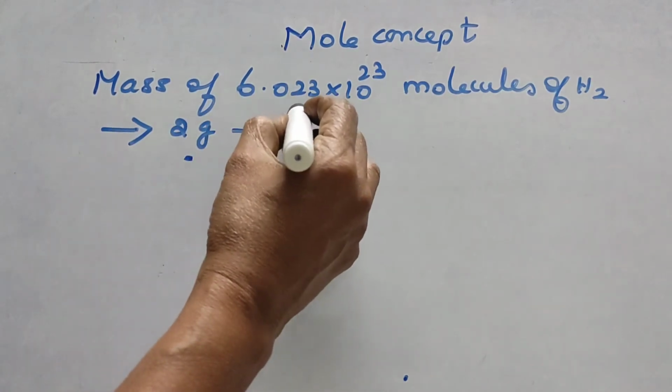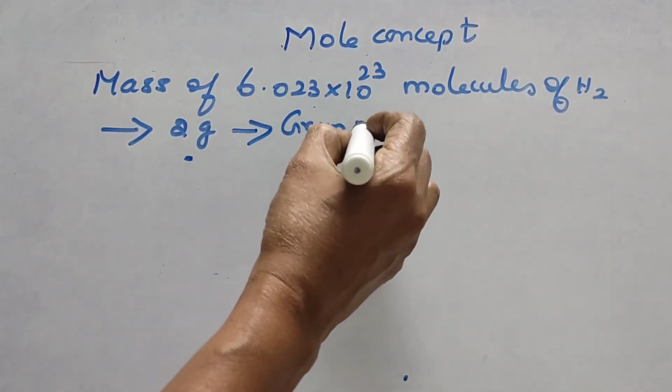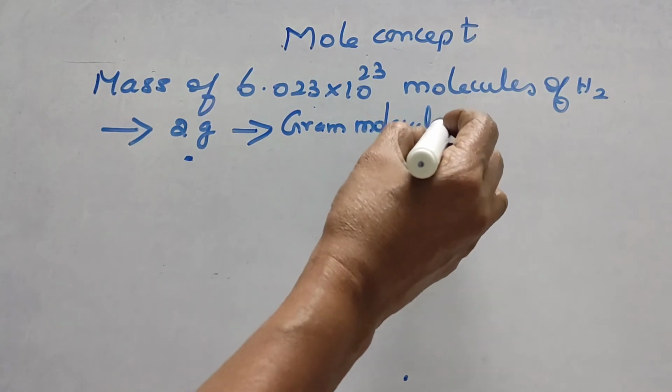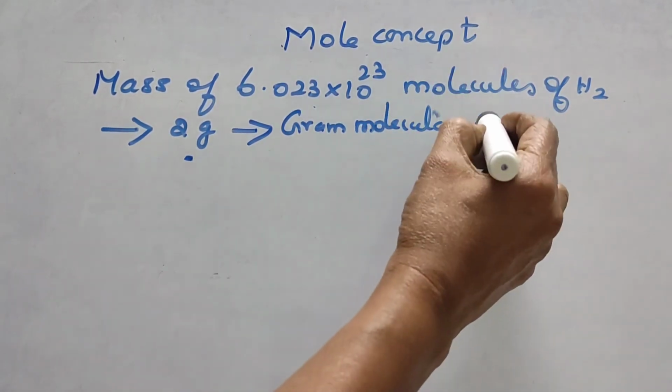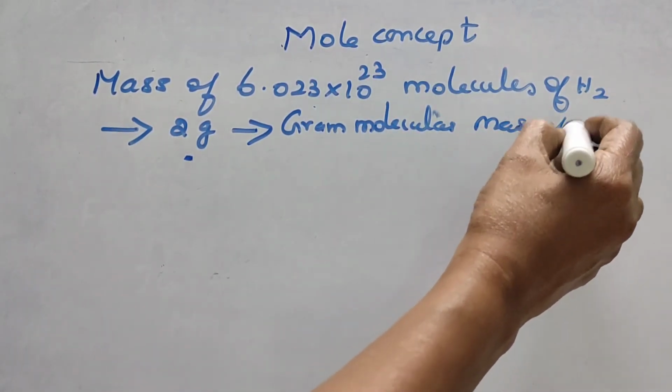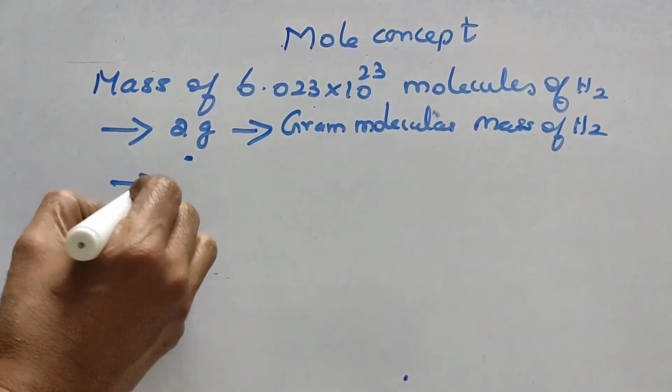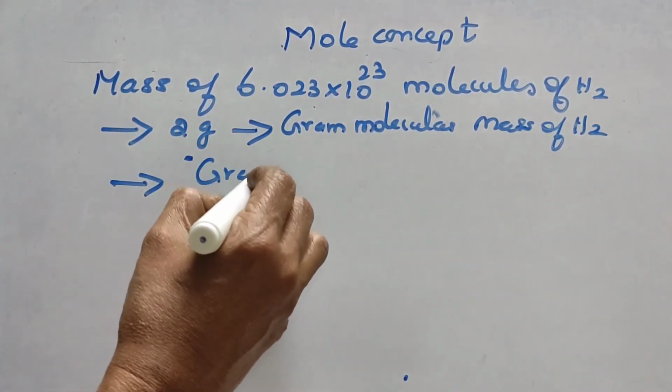That is the gram molecular mass of hydrogen, equal to gram molecules.